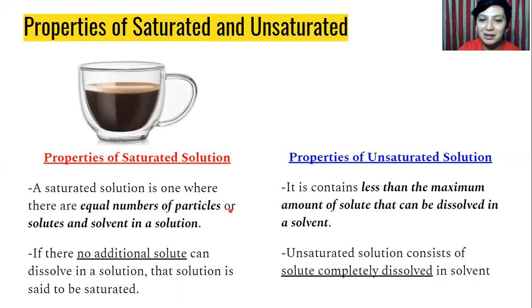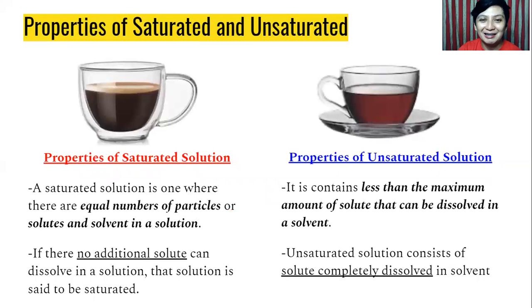Okay, so this is what it looks like. And then the properties of unsaturated solution, it contains less than the maximum amount of solute that can be dissolved in a solvent. Meaning to say, unsaturated solution consists of solute completely dissolved in a solvent. Kasi konti lang yung nilagay mong solute. And kapag nagtimpla ka ng kape, this is what it looks like. There you go. See the difference in the color?